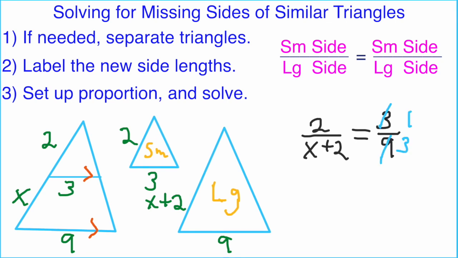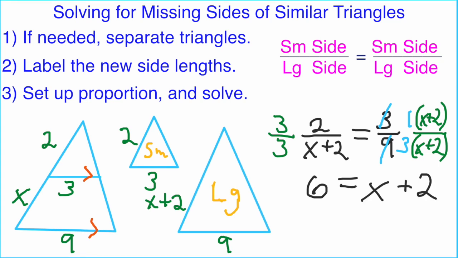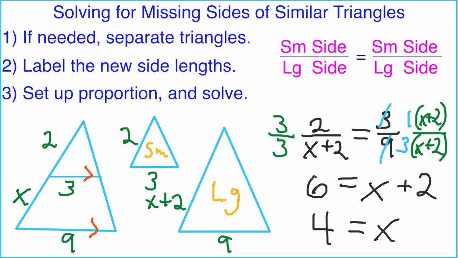So now I need, on the left side, I need a 3, and on the right side, I need an x plus 2 on the bottom. So bottoms are the same, and now I can just write what I have on top. 3 times 2 is 6, and 1 times the x plus 2 gives us just x plus 2. Go ahead and subtract 2 from both sides, and 4 is x. So our answer for x is 4.